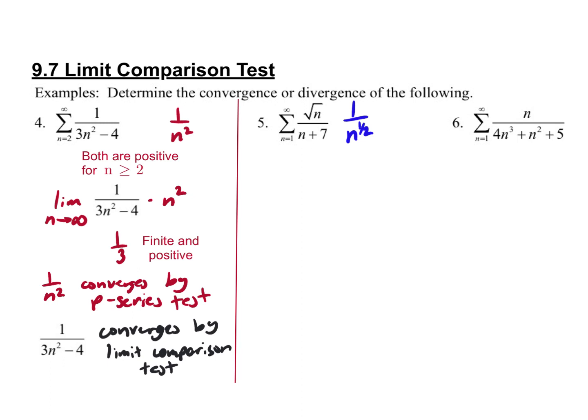Diverges, because 1/2 is less than or equal to 1 and greater than 0. Okay, so we take the limit of all of it. Positive still, state that. Again, keep, change, flip. What do I get now on top?